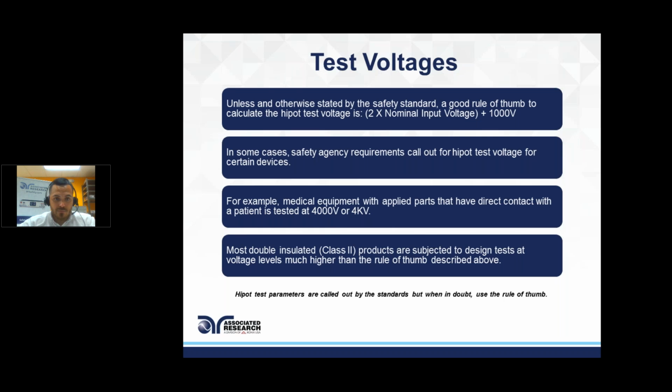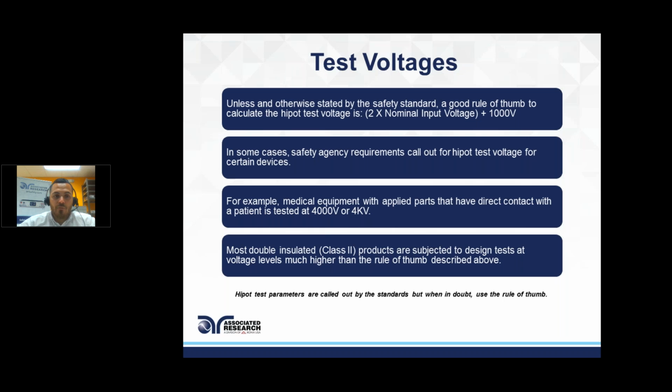Now, in some cases, safety agency requirements call out for higher voltages. For example, on medical equipment, if you have an applied part, some sort of probe that is on my body or will be touching my body, this is direct contact with the human, right? If there's leakage current on that applied part, well, it's worst case scenario, right? It's literally touching a human being.